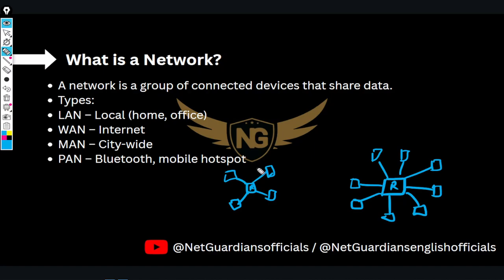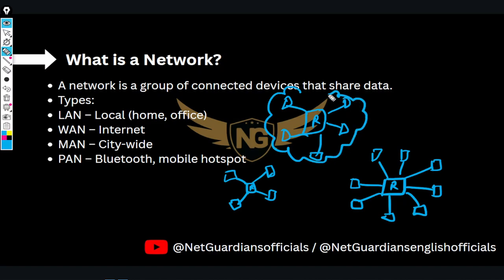So these multiple homes also use a network. That means they also have a router and some devices which they connect. So see what it is. These all are LANs.